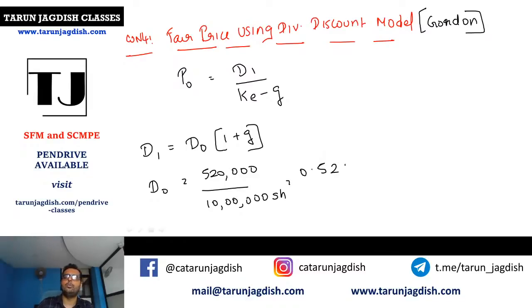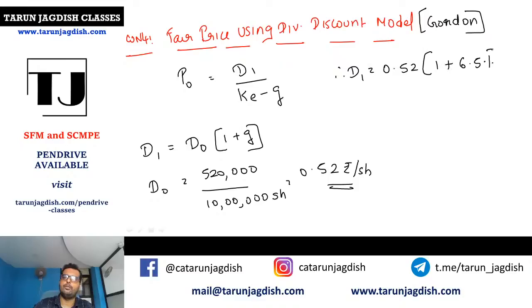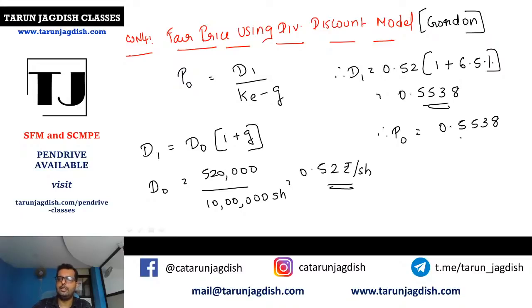So we'll get the answer as 0.52 rupees per share. Therefore, D1 will be 0.52 into 1 plus 6.5 percent. We'll get the answer as 0.5538. Therefore, P0 is equal to 0.5538 divided by KE.